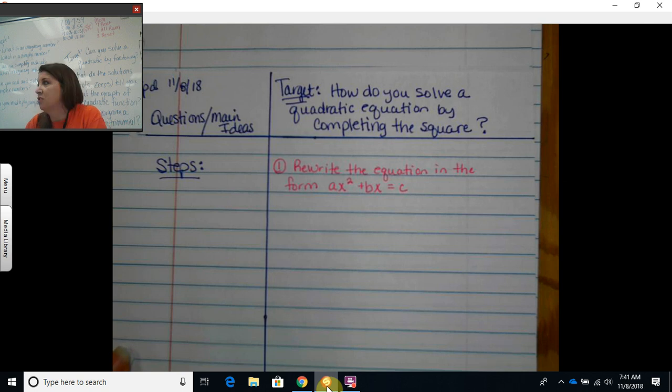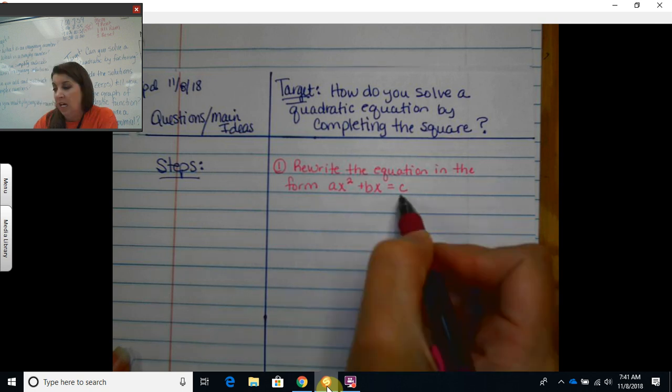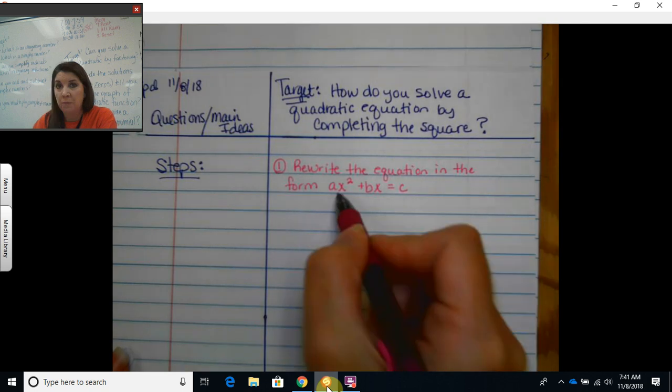When you're completing the square, you want your constant on the right side, and on the left side you want your quadratic first, and then your linear term.